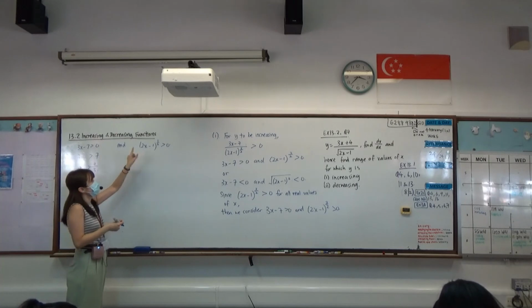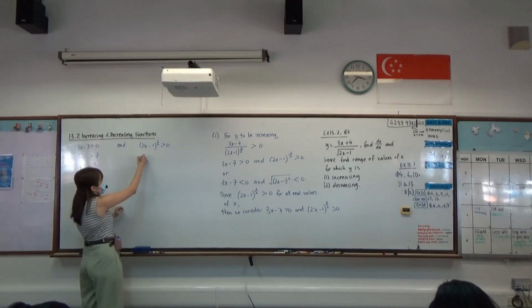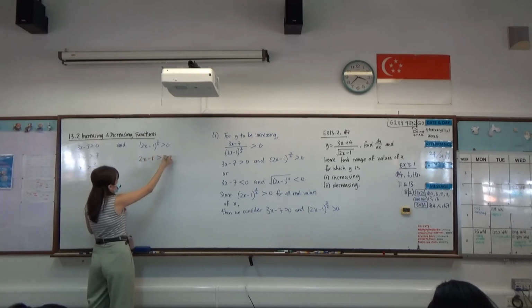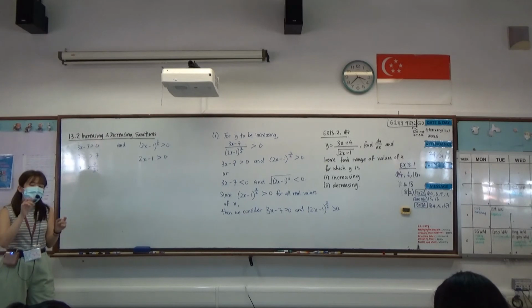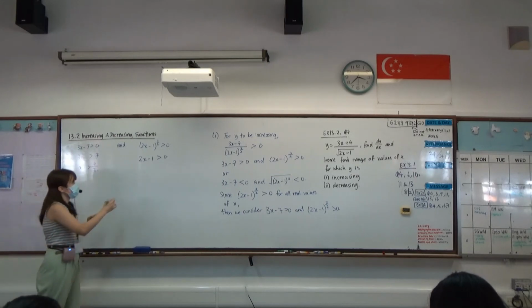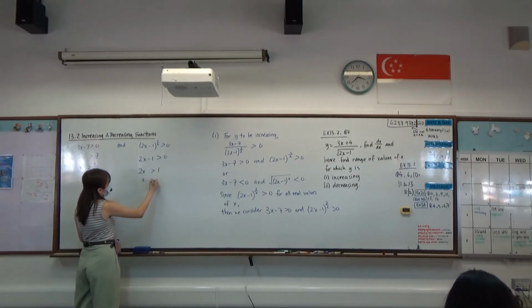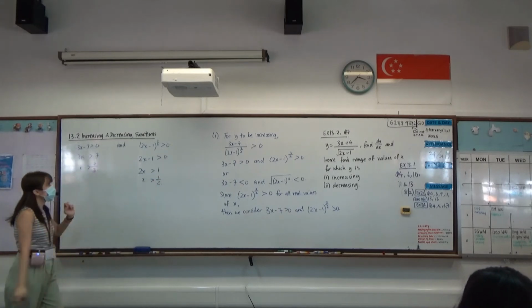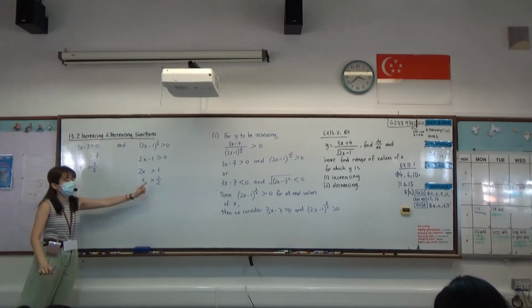So for this to be more than 0, the inside 2x minus 1 must be more than 0, because that was what we agreed, that the inside of the square root must be positive in order to achieve a square root. Now that we have become linear, we have two inequalities, x more than 7 over 3 and x more than half.